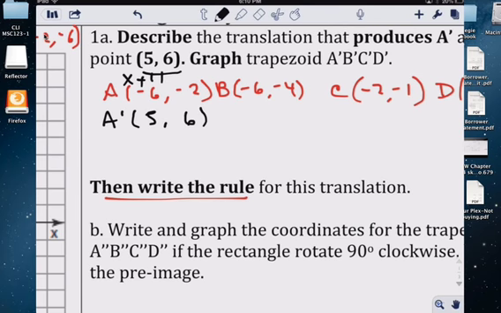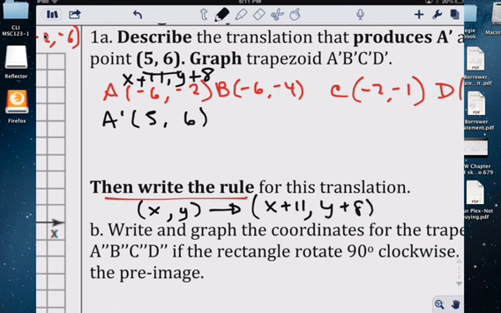Yep, x plus 11. 11 minus 6 is 5. For y, from -2 to a positive 6, I have to add 8. So the rule is (x, y), my original set, changes to x plus 11 and y plus 8.